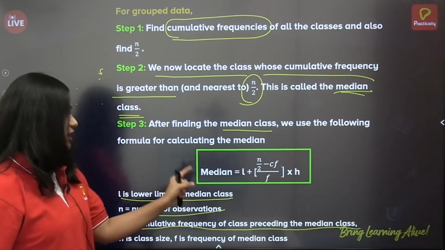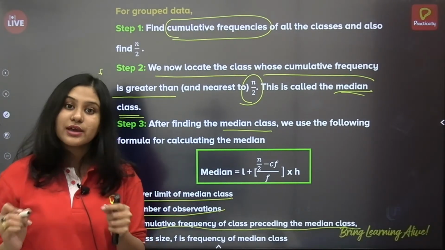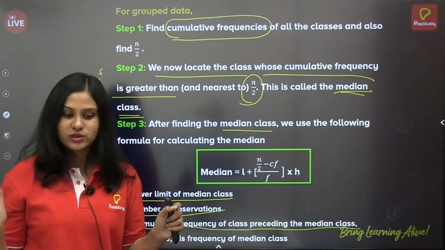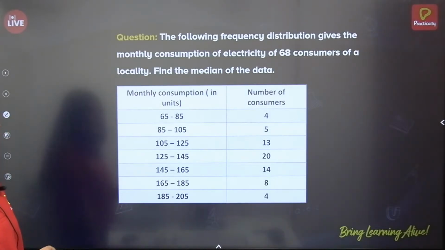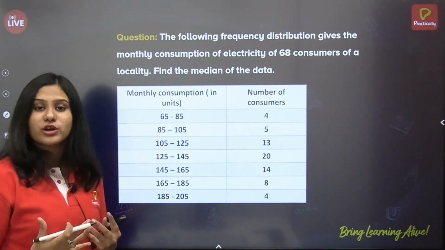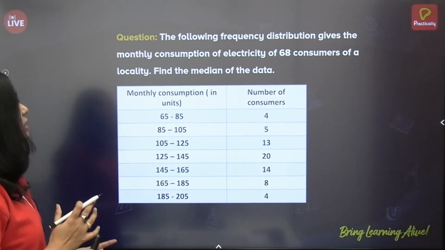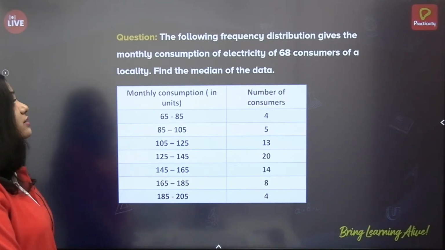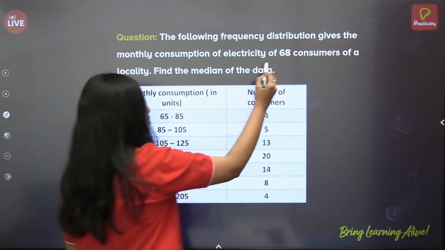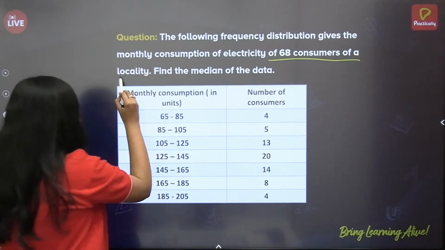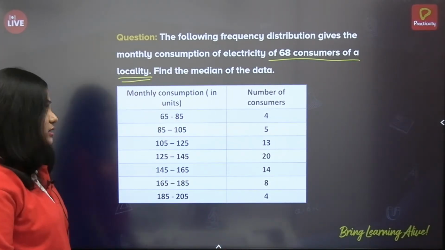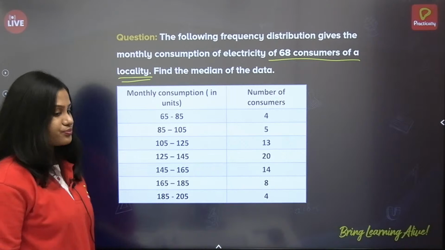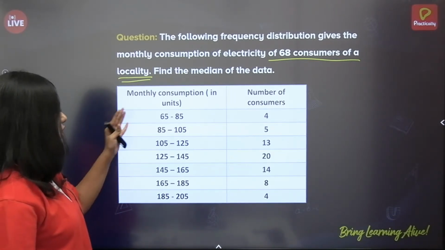So this is the median formula. What is it? L plus ((n by 2 minus CF) by F) into H. Correct? Now let us check one example so that it will be much clearer for you. The following frequency distribution gives the monthly consumption of electricity of 68 consumers of a locality. Find the median of the data. So what are we given?